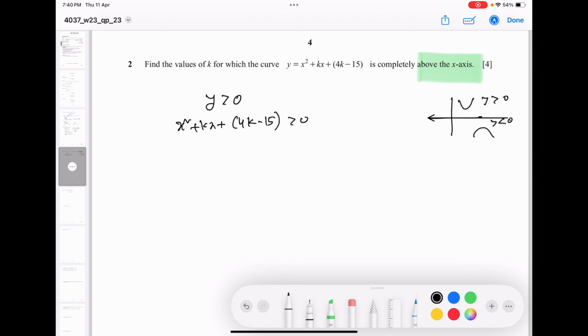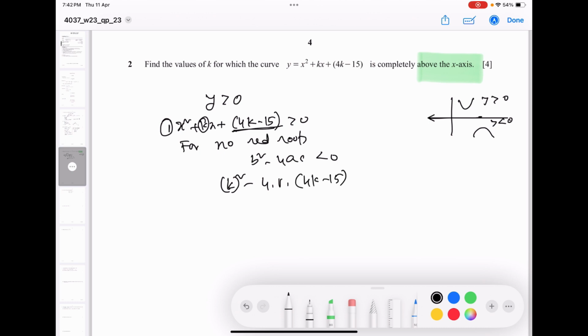So for no real roots, b squared minus 4ac less than 0. b is here k, so k squared minus 4 times a is 1, c is 4k minus 15, less than 0. So k squared minus 16k plus 60 less than 0.